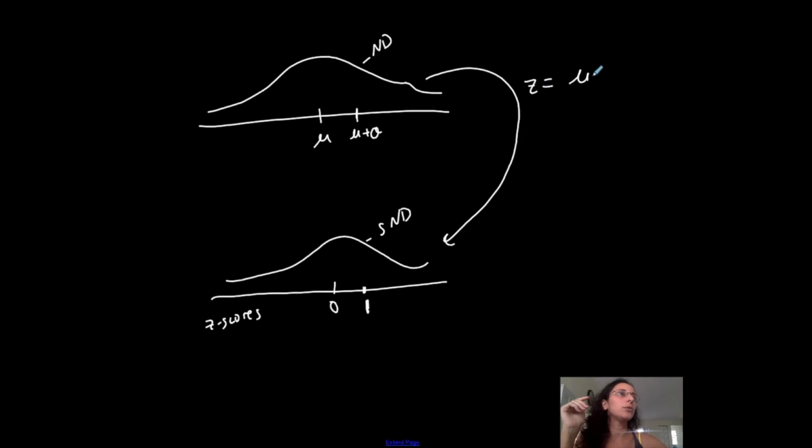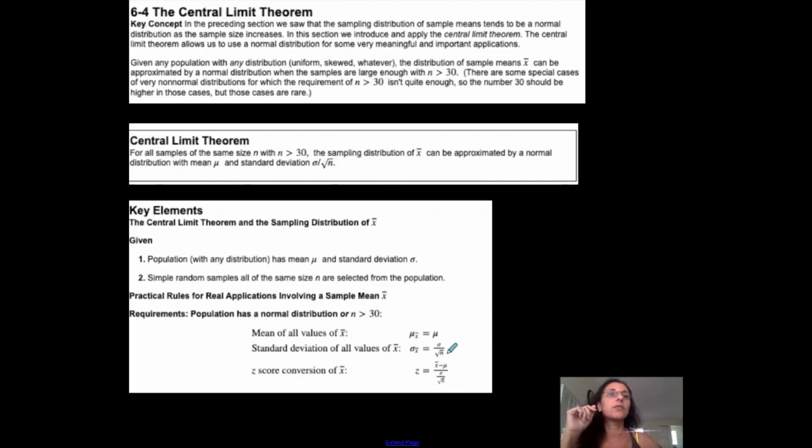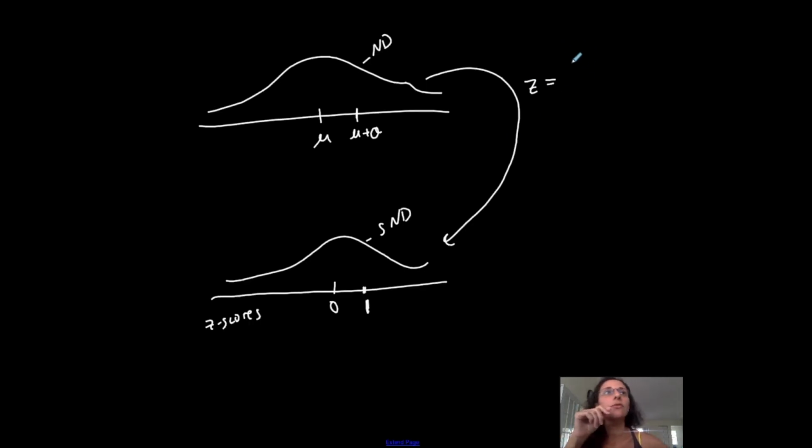Z is equal to, and you'll see the difference. This is the formula we saw before, x minus mu over sigma. So how did I standardize them? I found its corresponding z-score.